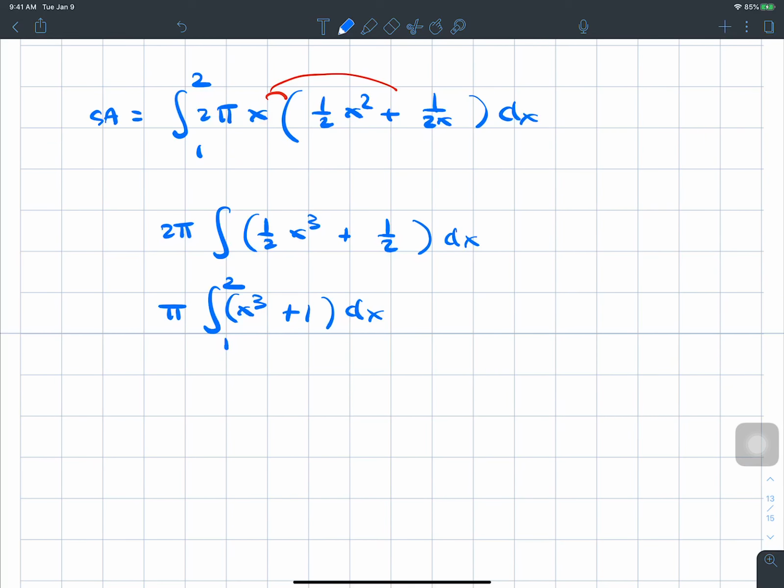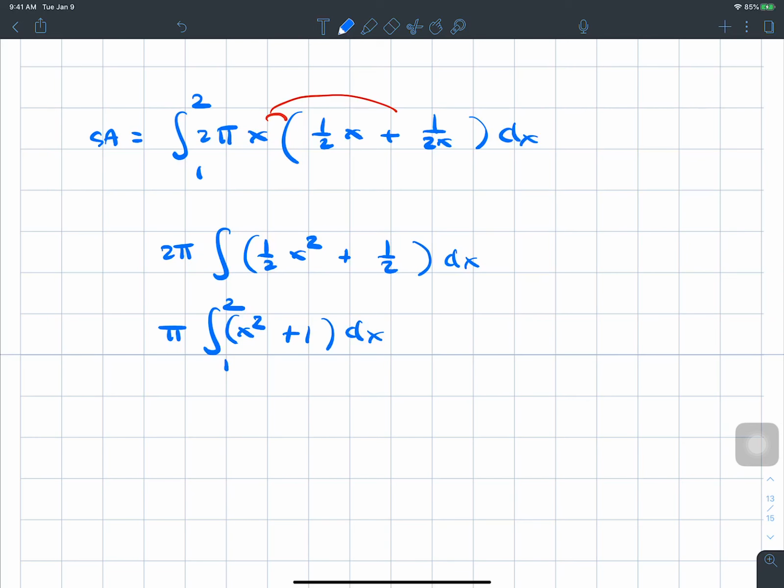There we go. That's just an x. That's where it is. Okay, so that makes this a nice x squared. And we can factor it out. So we get a nice, at the end, what do we have? X squared there, okay? So it looks like we can factor out the 1/2. So we just have pi. Yeah, it looks like we're good now.